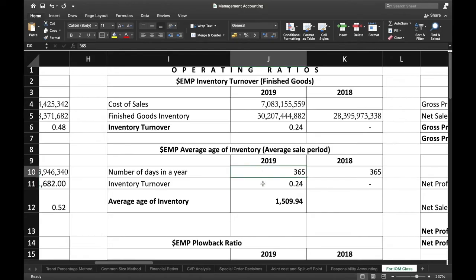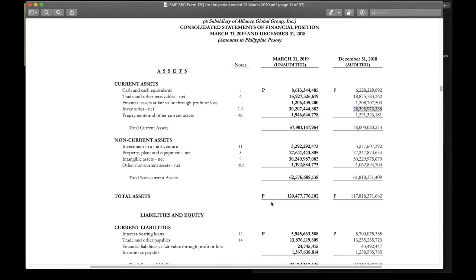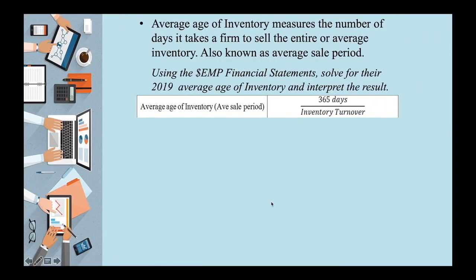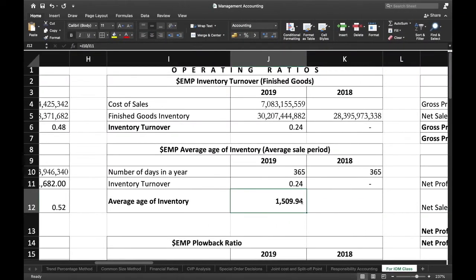365 given from the formula. So 0.24 ang inventory turnover, dito po siya nanggaling. And average age of inventory, divide lang natin siya. So 1,509.94. Ano ito? Ang unit po nito will be days, dahil 365 ang number of days in a year.